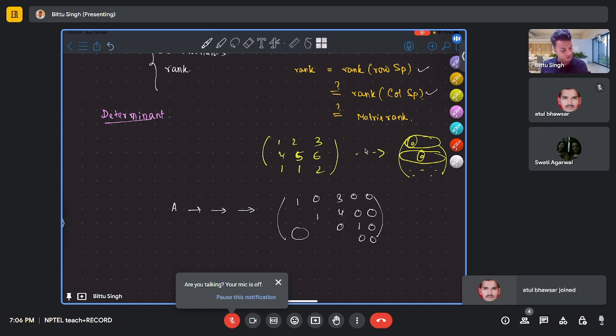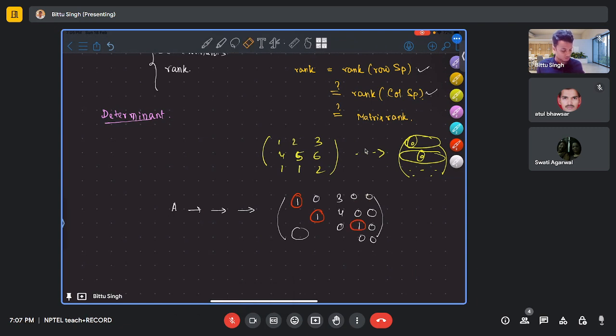Then you can see that the number of non-zero rows after reduction is 3, and also the number of columns which contain the non-zero pivot, this column and this column, is also 3.